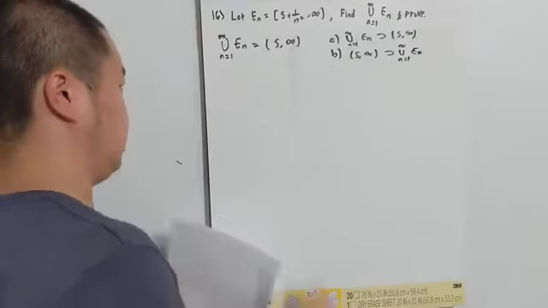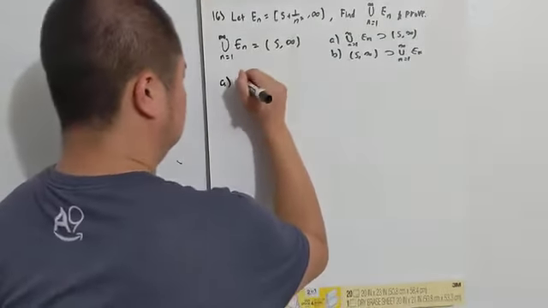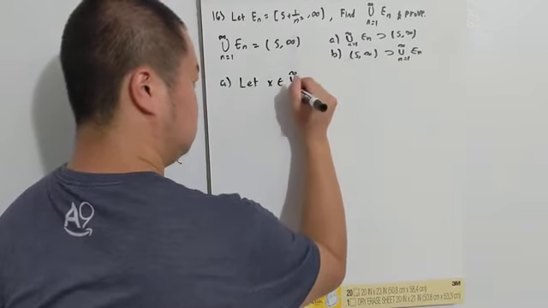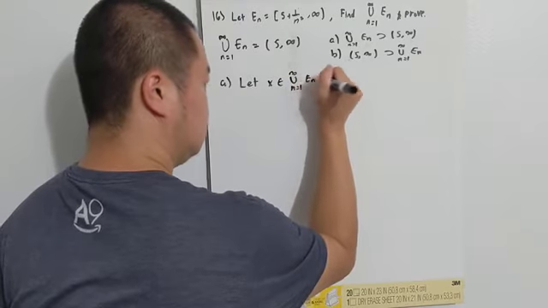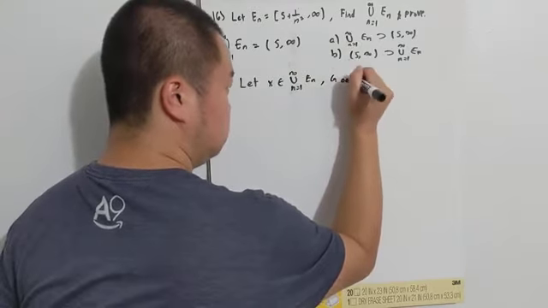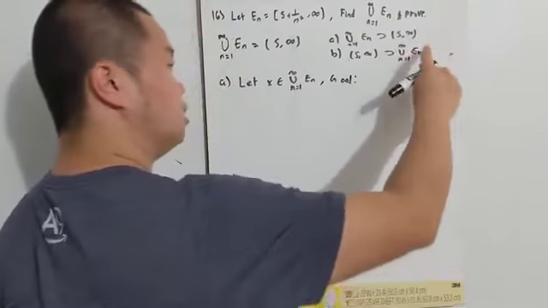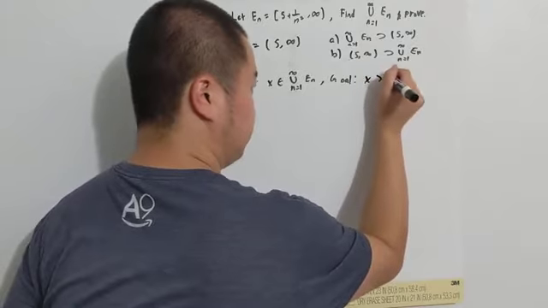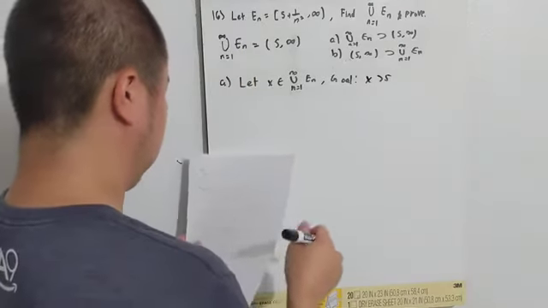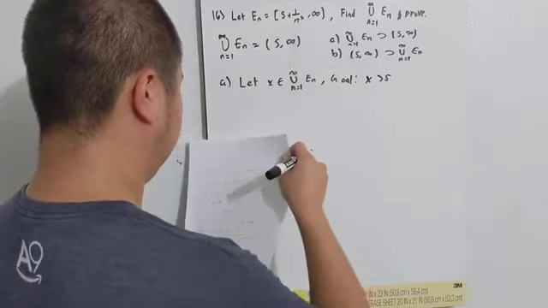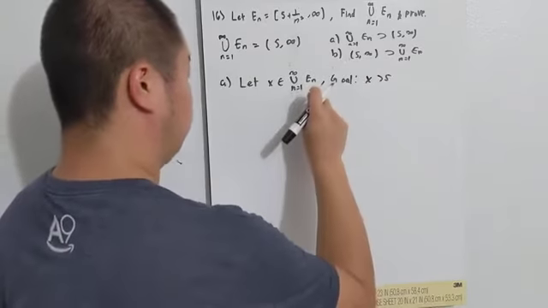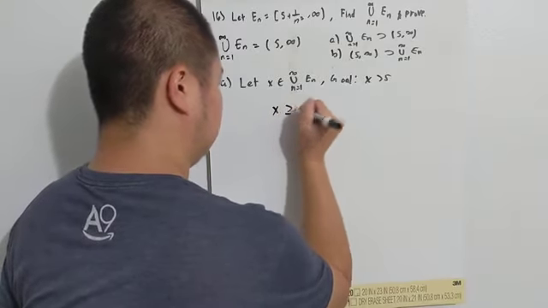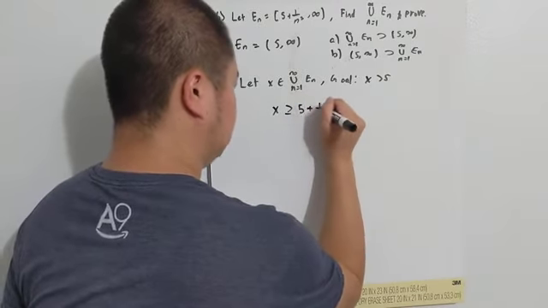So for part A, let's say we take an element x within the union. The goal is to prove that this x is in (5, ∞), so x is greater than 5. From this, we know that x is greater than or equal to 5 plus 1 over n squared.